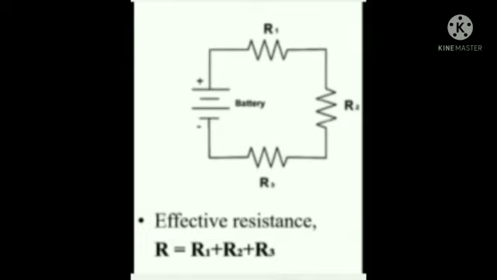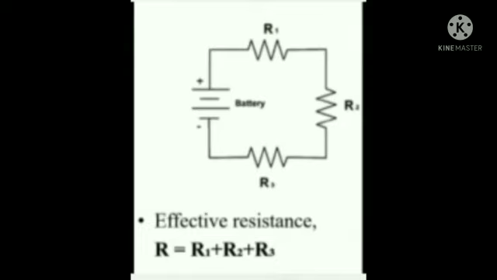We go the way positive to R1, R2, R3, R4 and come to negative. Here we have no restrictions. It is only one path, the same path. There are no bridges, no other branches. So we can consider it a series connection.